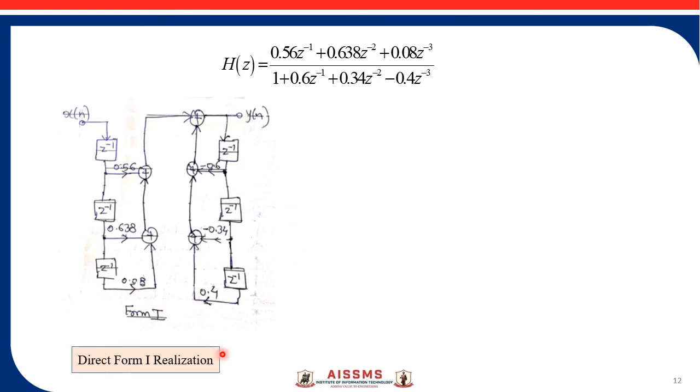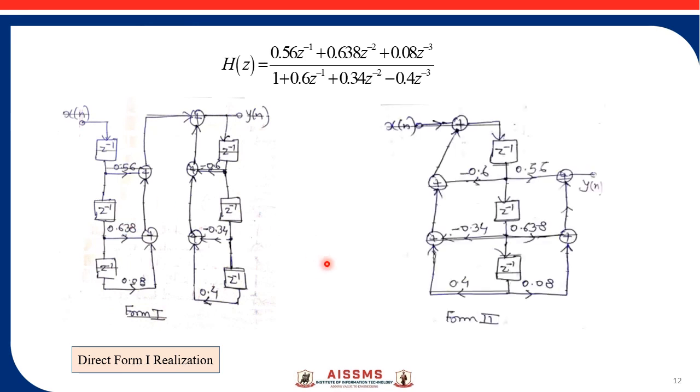So this is the direct form 1 realization. Now in direct form 2 realization, what are we going to do? We are going to just interchange these two. First of all, we realize the poles and then we realize the zeros. x of n is passed through the 3 delay components, because the delay blocks are common in the direct form 2 structure for the feed forward and feedback paths.